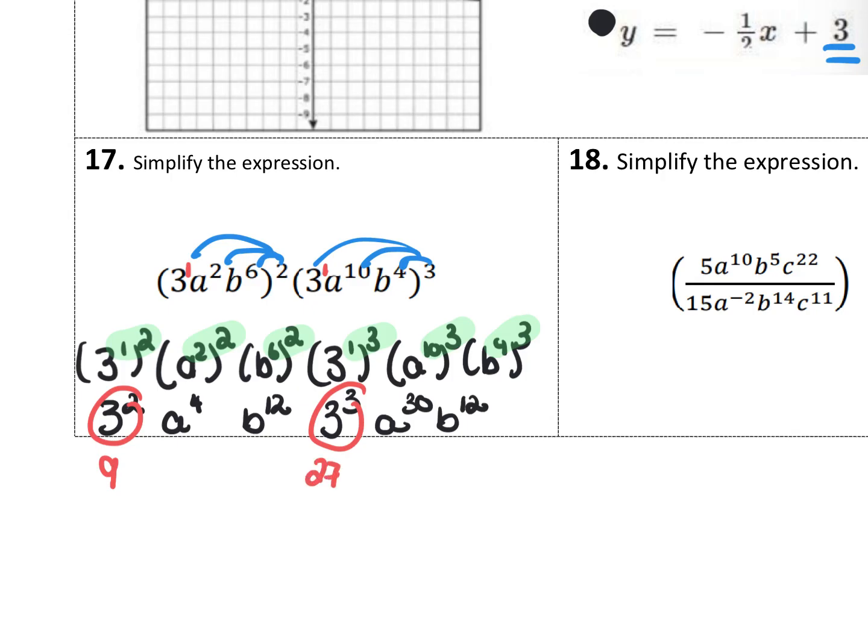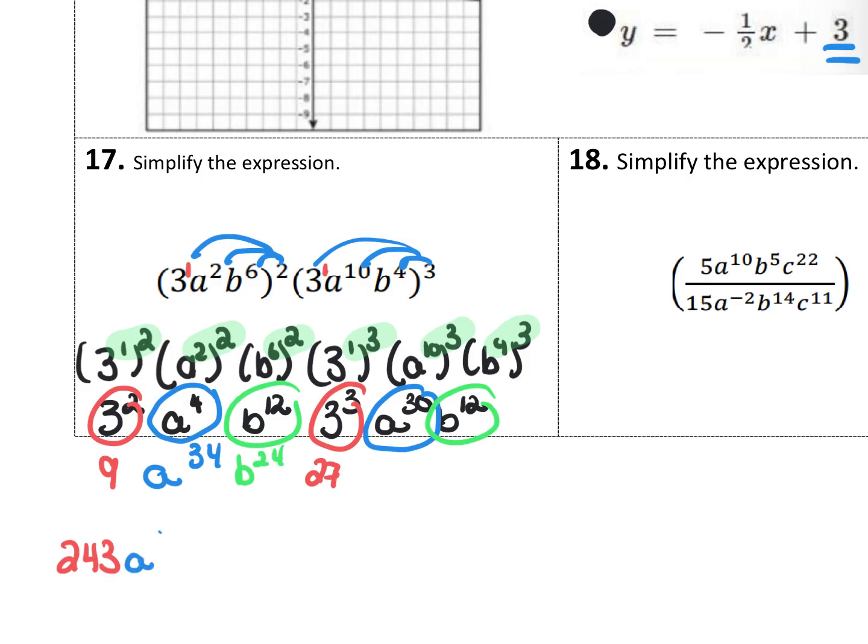And when you do 9 times 27, you get 243. I have an a to the 4th and an a to the 30th, which means I have a to the 34th. B to the 12th and b to the 12th makes b to the 24th. So my final answer should be 243, a to the 34th, b to the 24th.